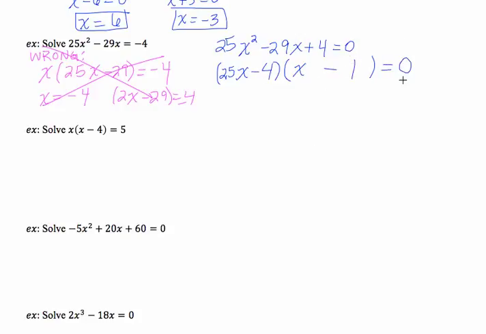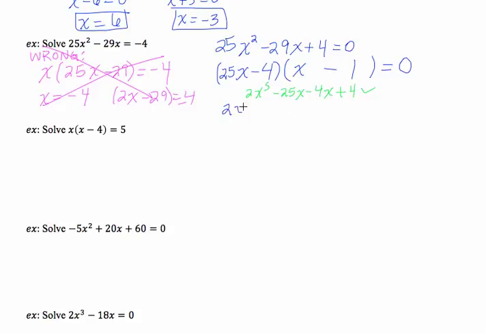Okay, so then when we FOIL, we'd get 25x squared minus 25x for the outside terms, minus 4x for the inside terms, and negative 4 times negative 1 is positive 4. That works. Negative 25x minus 4x is negative 29x. So now that we have that, now we can keep going and solve this equation by setting each factor equal to 0.